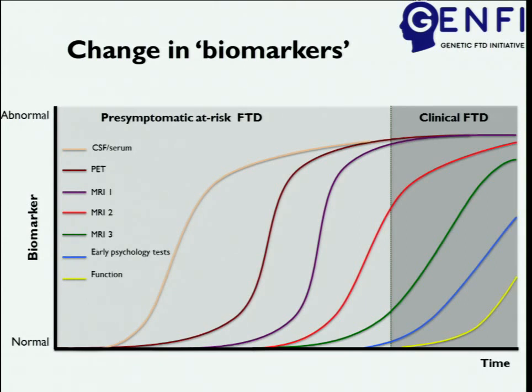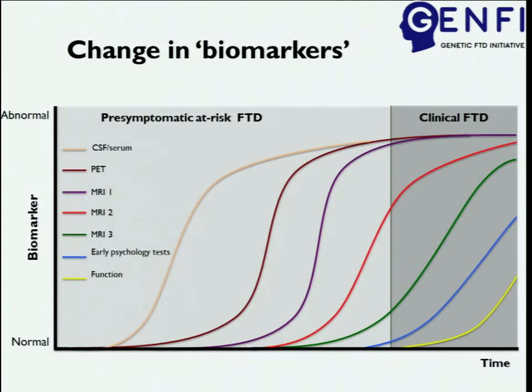So what this graph shows is that at some point, this biomarker is normal. And then over time, it changes to become abnormal. And this is a sort of theoretical picture of what we think is going on. It's sort of the same picture as the one before. So we think that there are going to be markers in the spinal fluid and serum that change first.